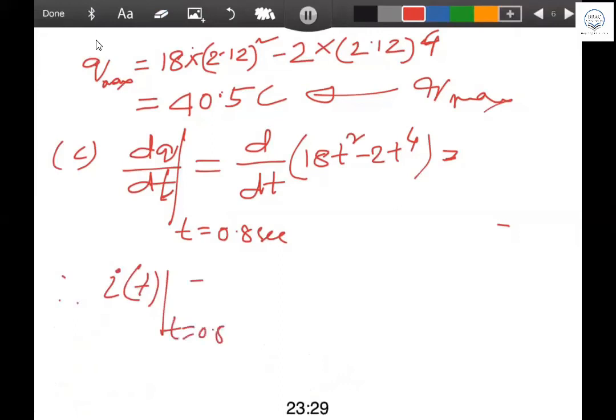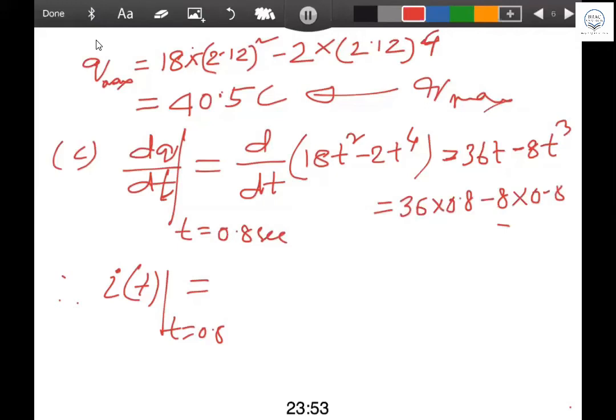As we get from here, it is 36t minus 8t cube. Then you substitute the value 0.8, with 0.8 cube. Now you do the calculation.